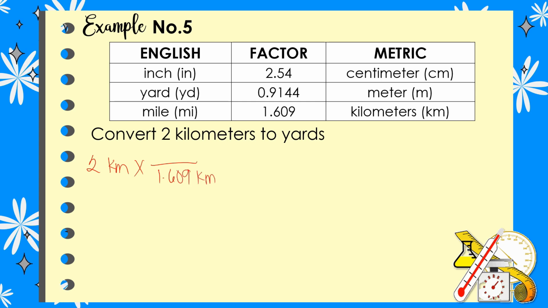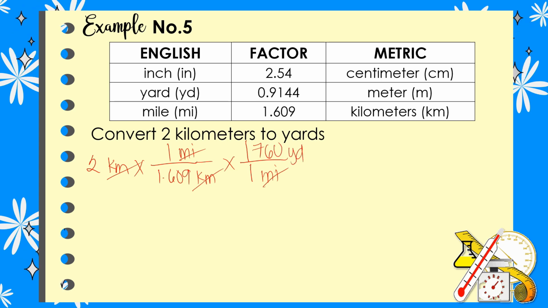So, 1.609 kilometers. Sa ibabaw yung 1 mile, yung katumbas niya, maka-cancel out na siya. And then, for every mile, ilang yards meron. So, 1 mile sa ilalim para ma-cancel out sila. And ang katumbas nun is 1,760 yards.